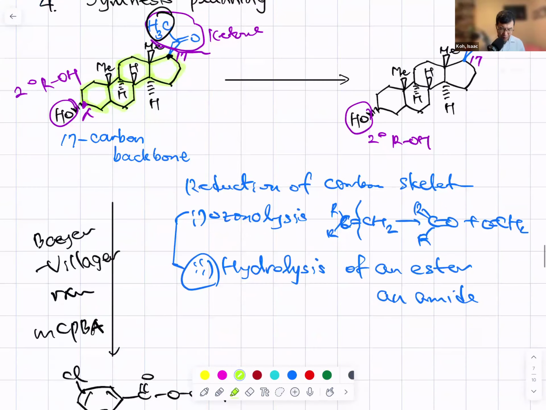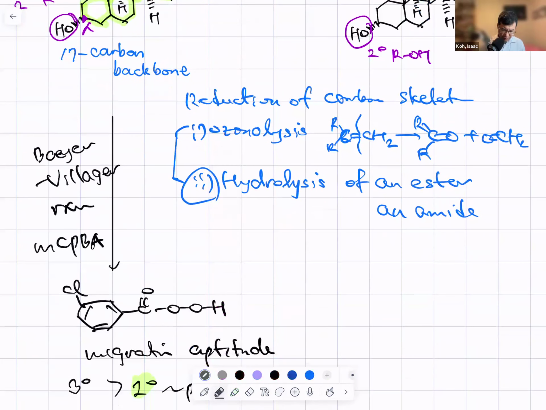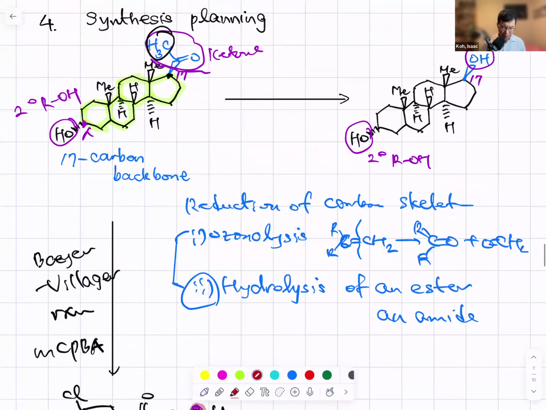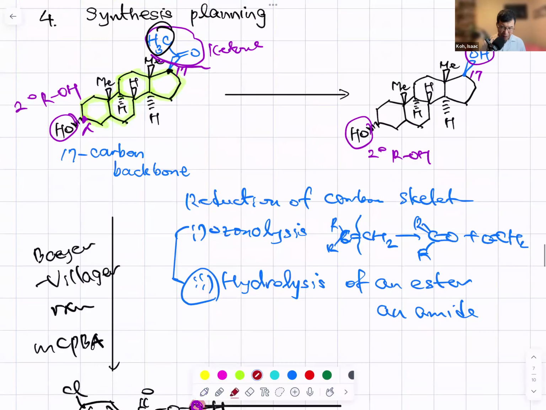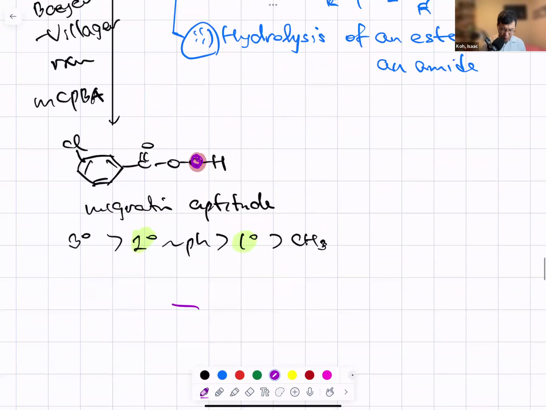So when you use Baeyer-Villiger reaction, this oxygen will be inserted between the carbonyl carbon and alpha carbon. So it will be making a 5-member ring structure.